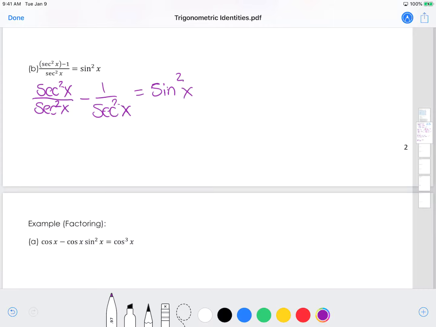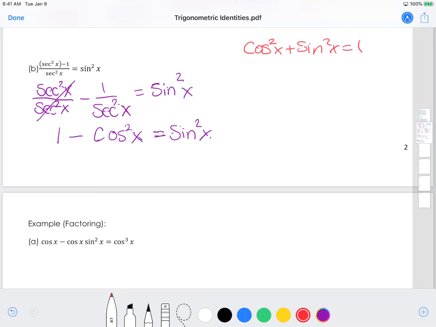Now secant squared x over secant squared x, I can rewrite that as 1. Secant and cosine are reciprocals. I can rewrite 1 over secant squared as cosine squared. Now, if we think back, we have that Pythagorean identity that cosine squared x plus sine squared x is equal to 1.